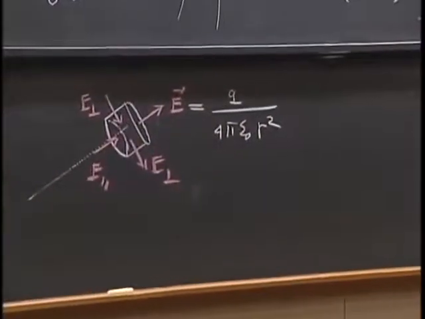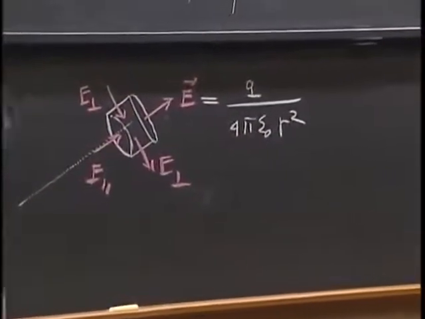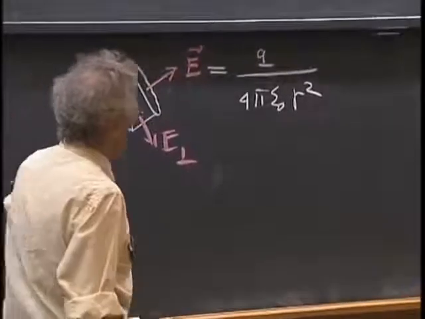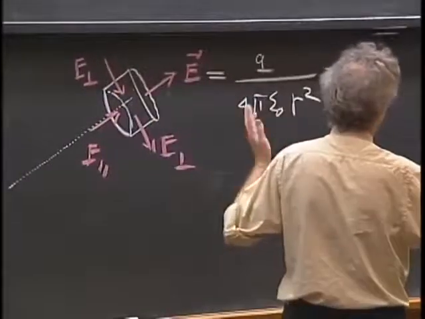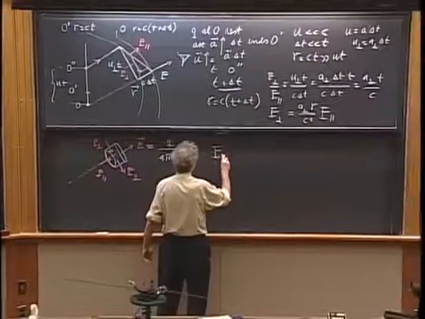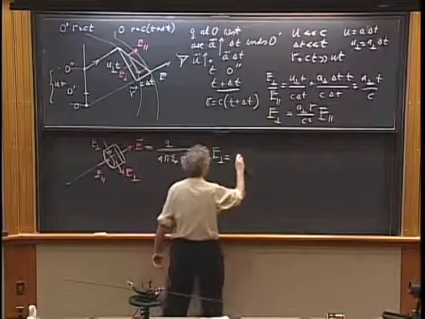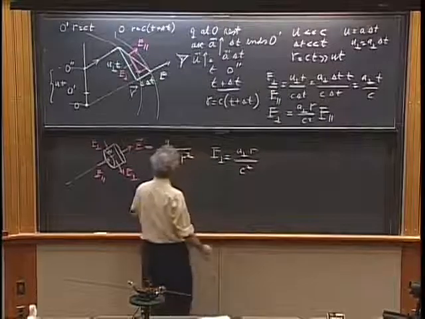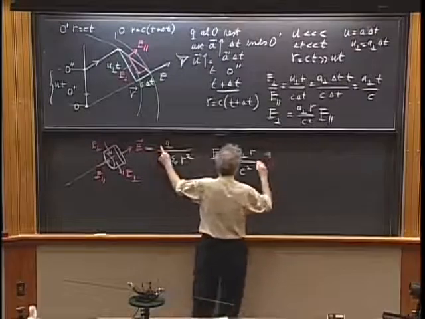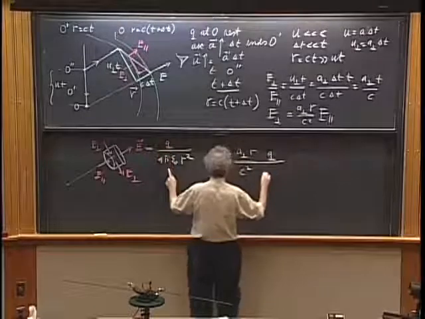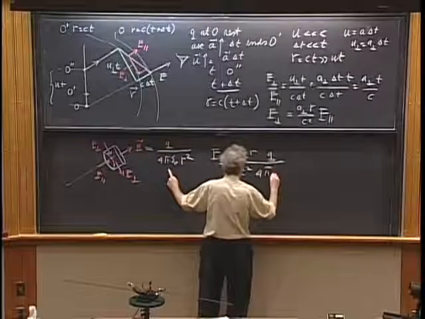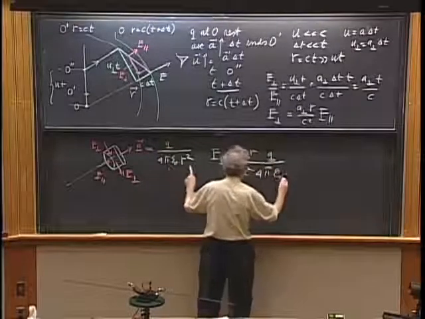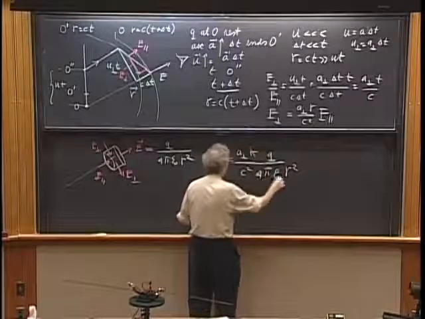You people should remember that from 8.02. And so now we have accomplished, the 13 minutes are almost up. E perpendicular now is therefore a perpendicular times r divided by c squared times Q divided by 4 pi epsilon 0 times r squared. And you lose 1 r.